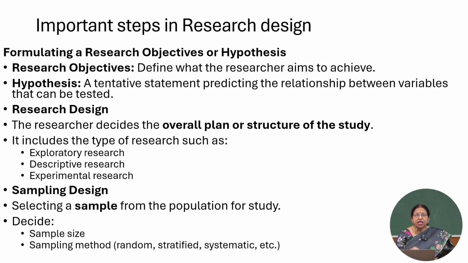Because unless and until we make a plan, we will not be able to execute according to that plan. If we keep changing the parameters, the variables, the sample size, it becomes impossible to control all other factors because this was not there in the plan.